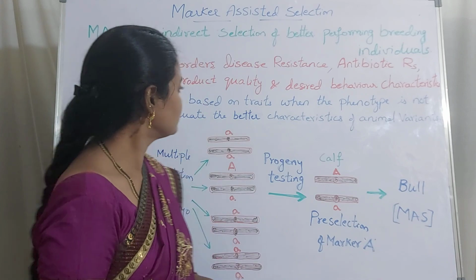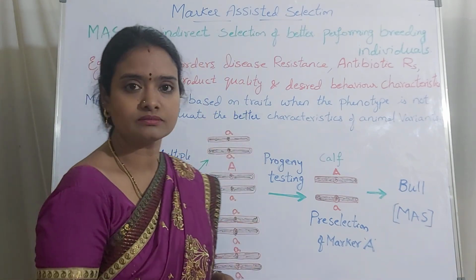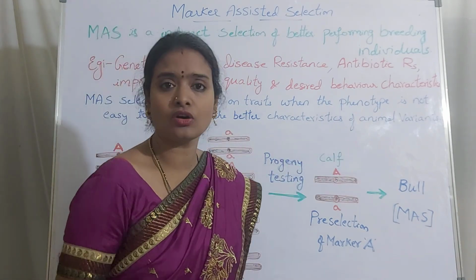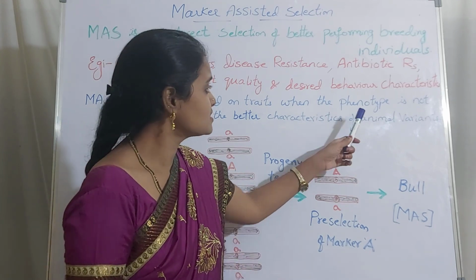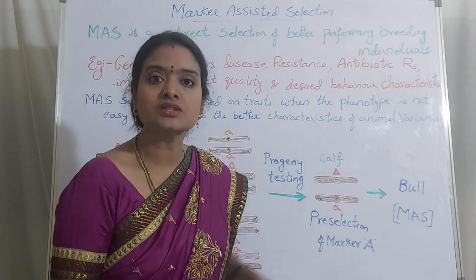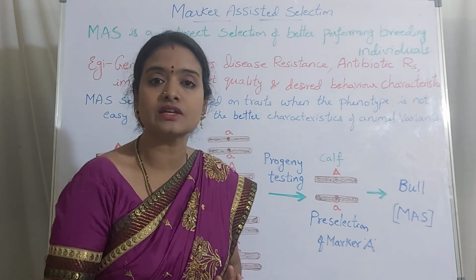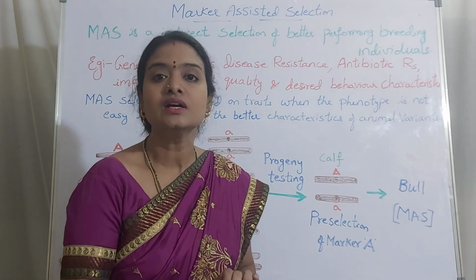When you have a progeny, you can say they are all healthy and better performing by seeing the phenotype, but genotypically they may not have received those dominant or superior genes.